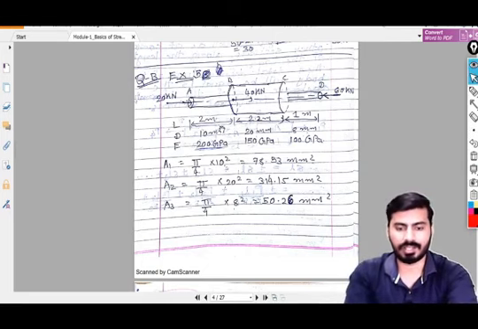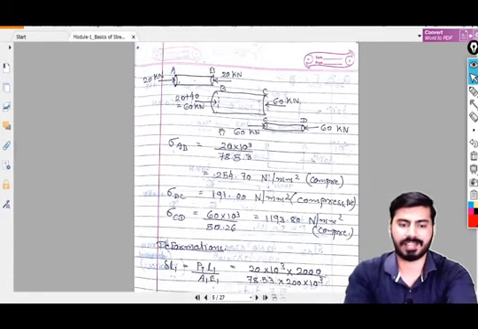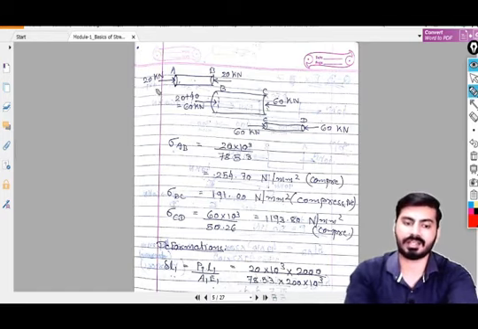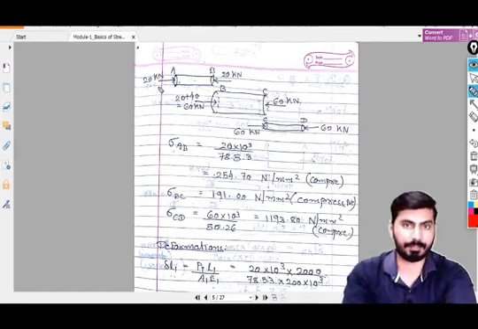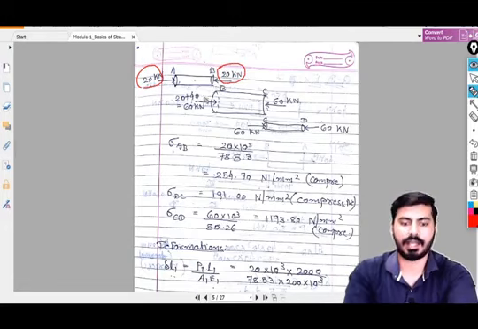For that, we are going to look into our diagram like this. So this is our final diagram, which will contain the different calculations. As you can see, we are going to consider only the left side of the part. On the left side there was a 20 kilonewton, and 20 kilonewton is balanced with the counter force.